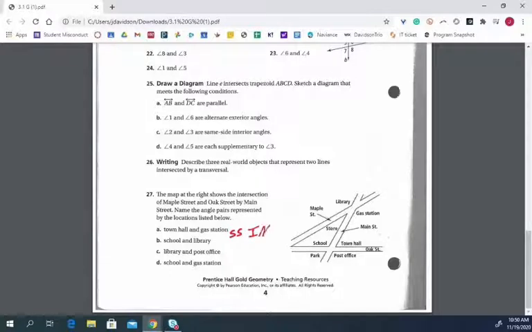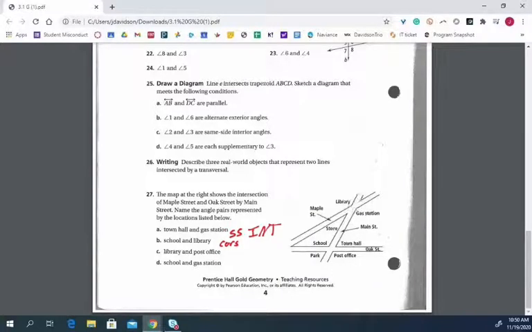School and library. School would be corresponding. Right? Corresponding. Got it. Library and post office. They're on the outsides of town, right?